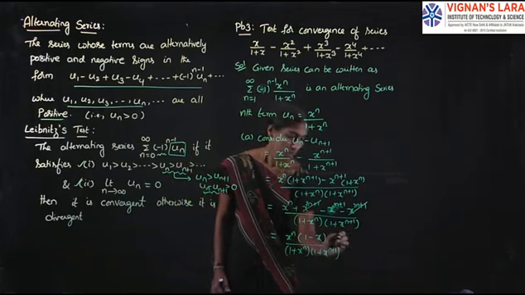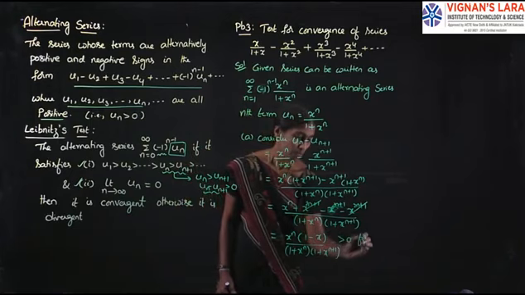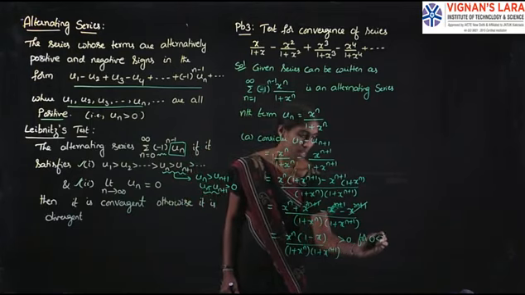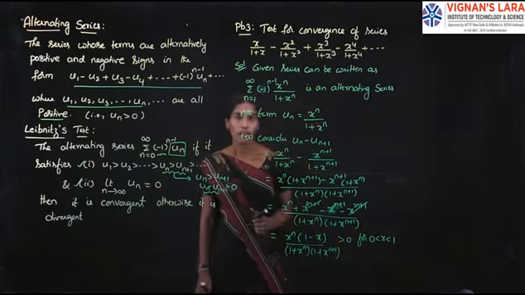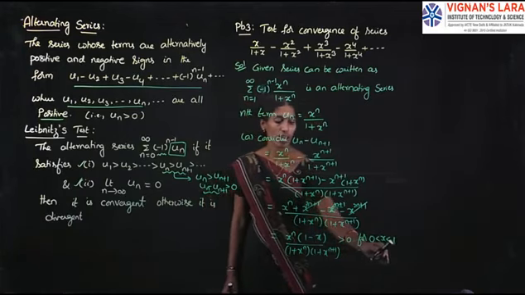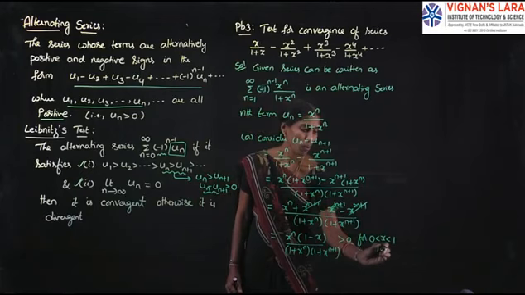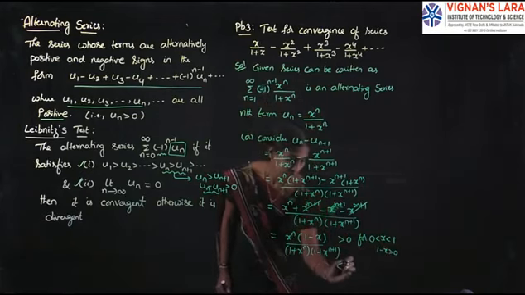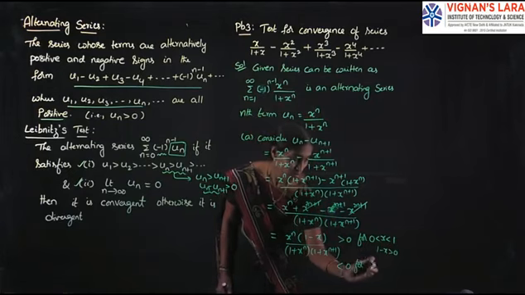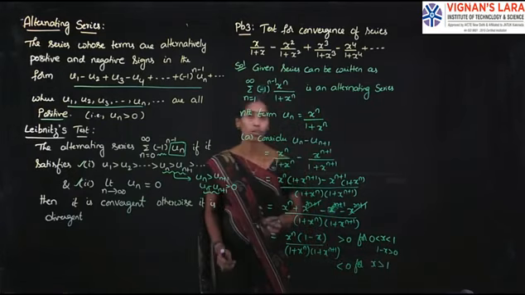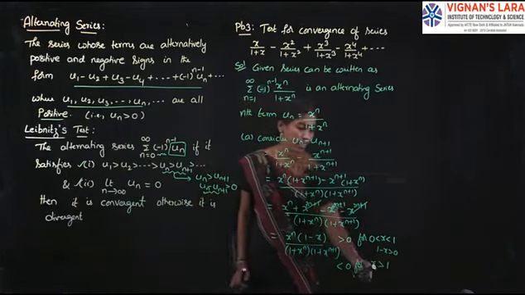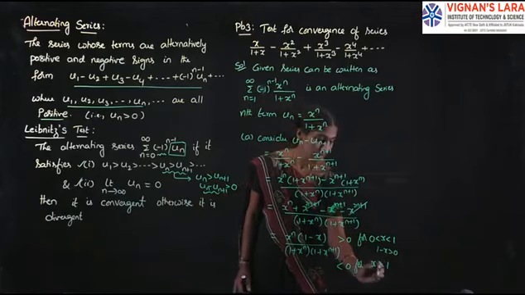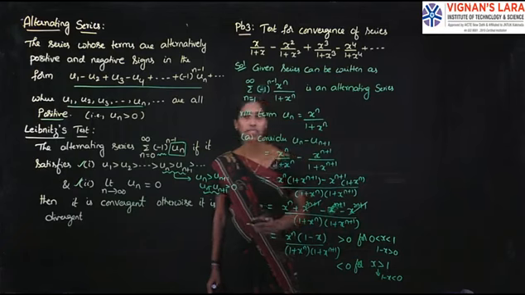So it is positive for 0 less than x less than 1. Because for this 0 less than x less than 1, what about 1 minus x? It is greater than 0. And it is negative for x greater than 1. When x greater than 1, 1 minus x value is less than 0.